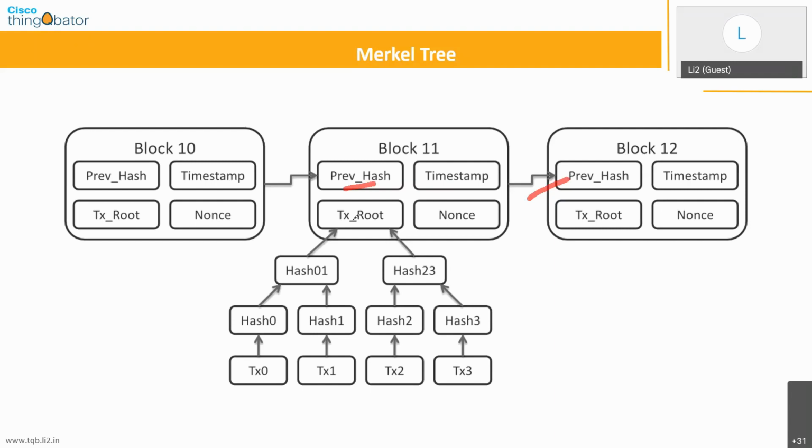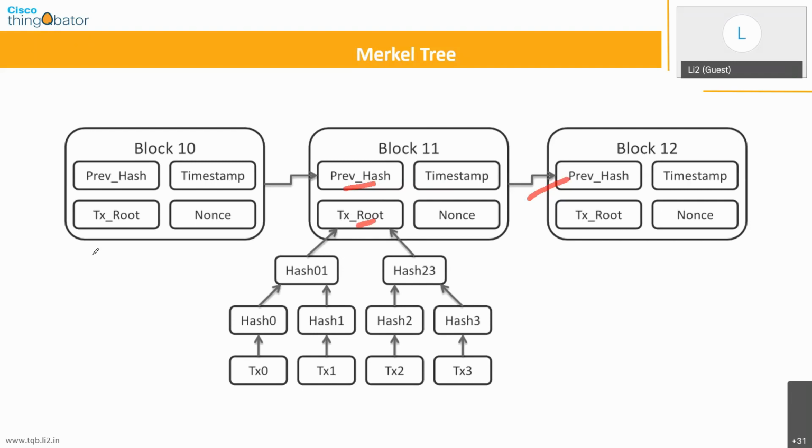Now, what does this transaction root talk about? This transaction root is nothing but the Merkle tree's transaction. This is what stores all the data that is coming to our block. The rest of the things are add-on fields that we have in a block. All the data that we're talking about in a blockchain, the transaction root is storing it.